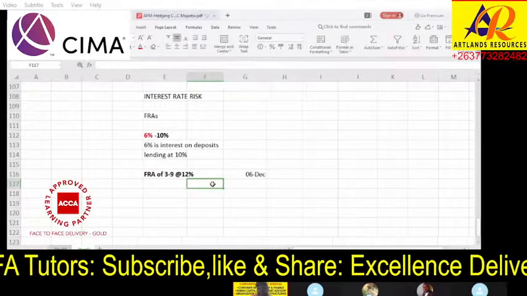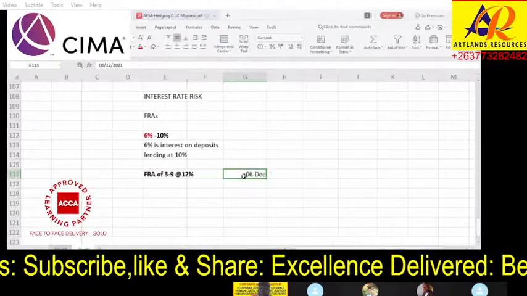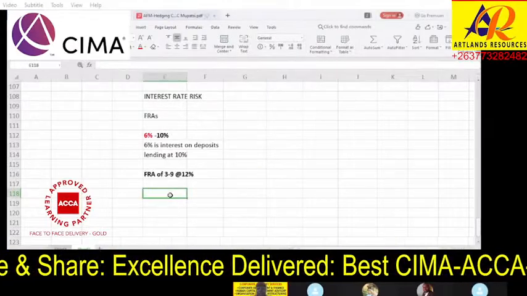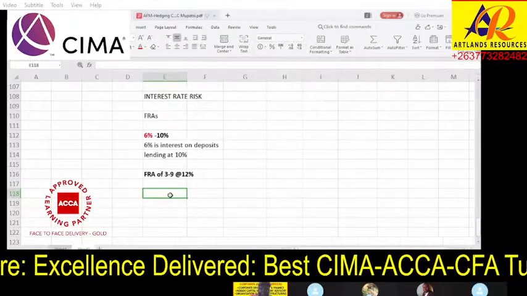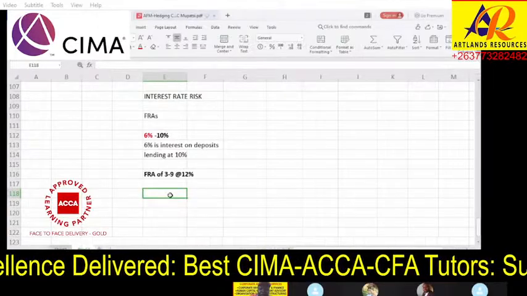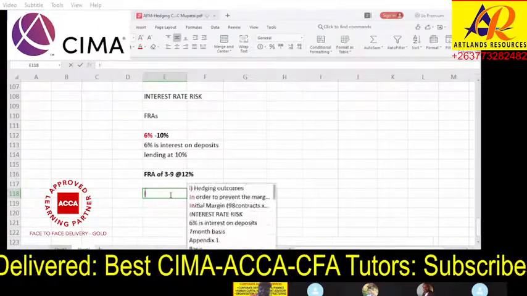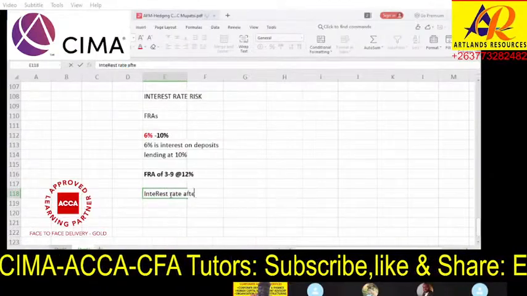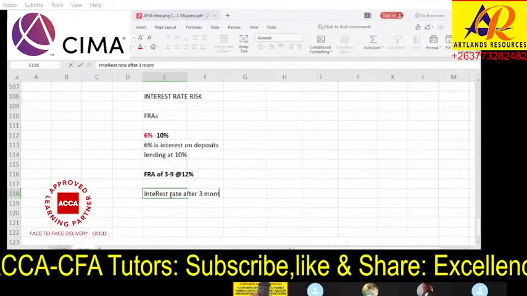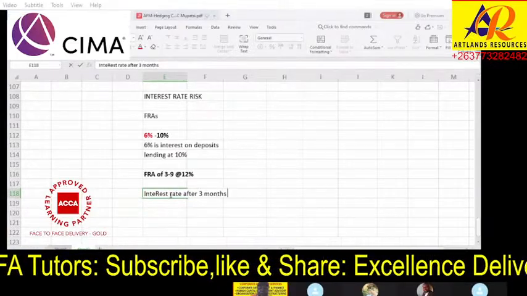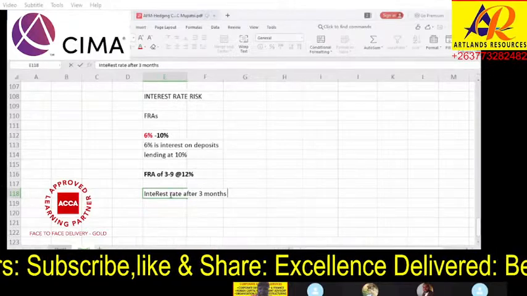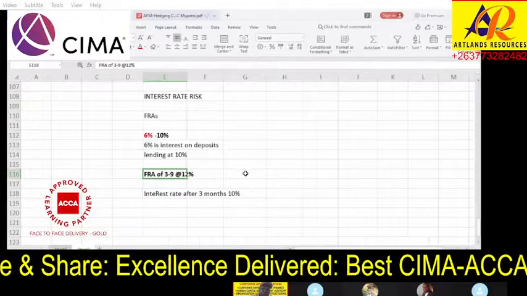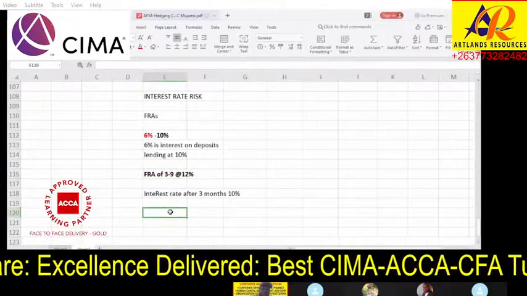Now let us come back to the forward, which is saying FRA 3 to 9 at 10%. Let's say after 3 months, the actual interest rate, which we call the interest rate after 3 months, turns out to be 10%, and you were a borrower.